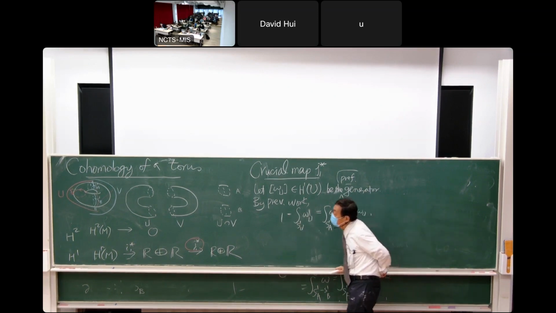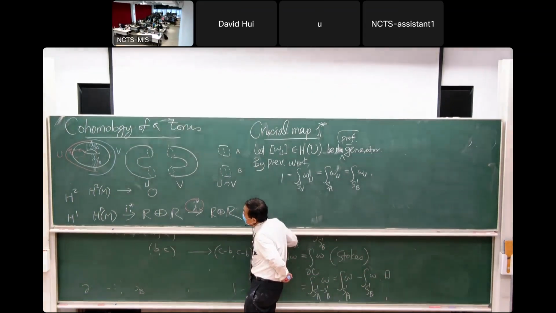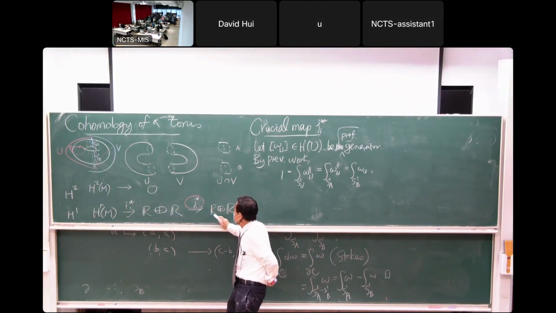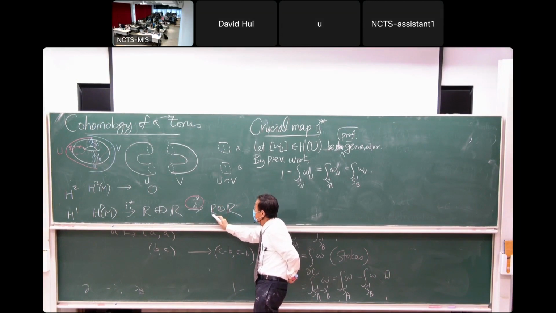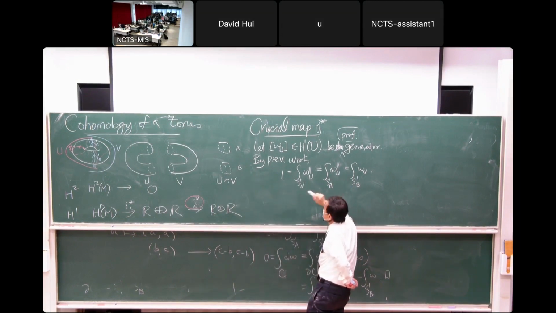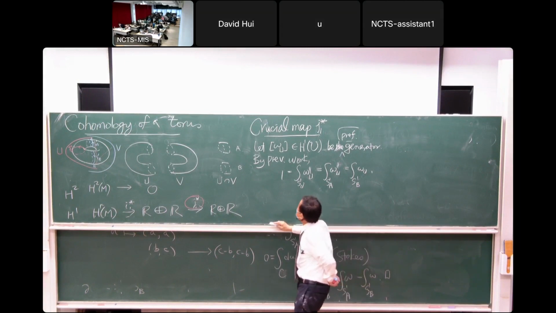So that means omega U restricts to a one form on A, and because the integral on S1A is 1, it restricts to a generator.